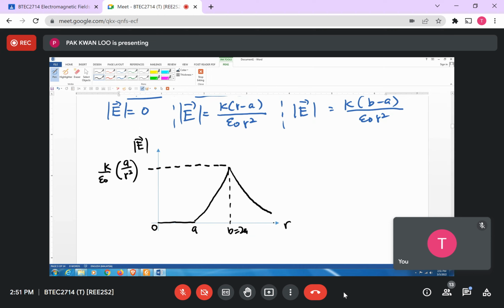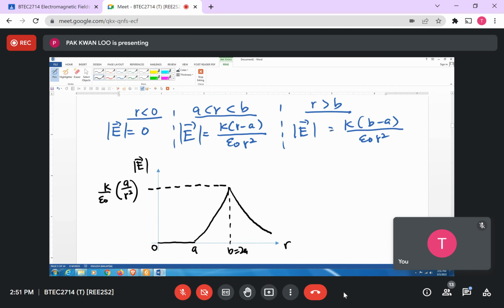So as I said, the curve has some curvature for this case. We have a linear term and a quadratic term here, but for the part where r is greater than b, it's going to be 1 over r squared.